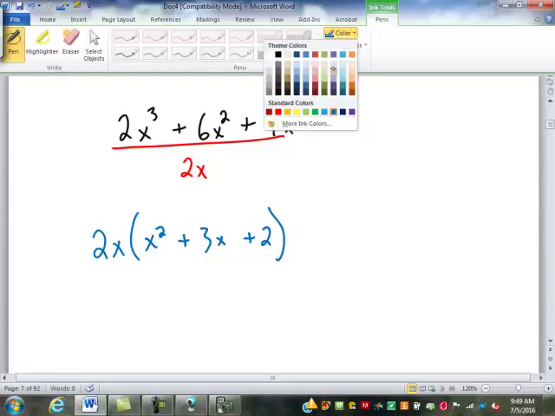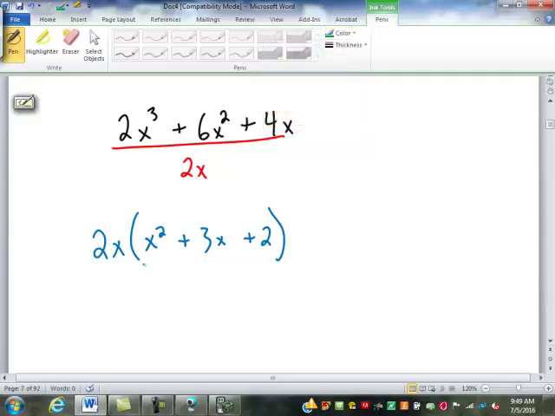We still have to see if this can be split up any further here. So now the 2x isn't going to go anywhere. Well, let's see if we can split that up. Were you able to split it up, first of all?